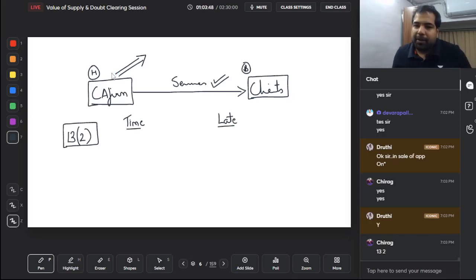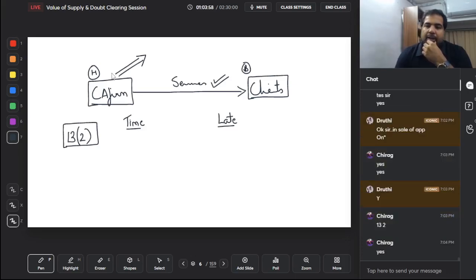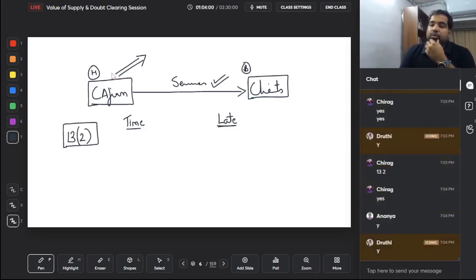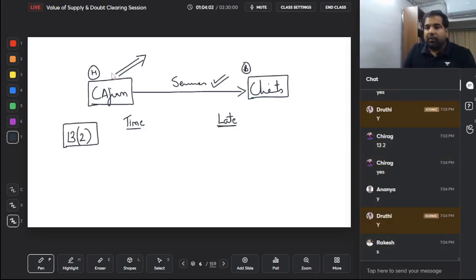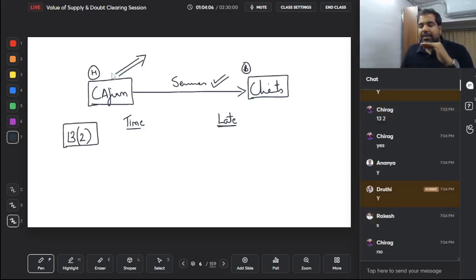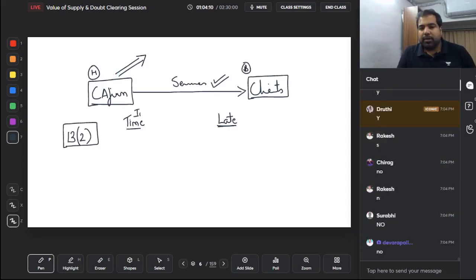I want to give you a very practical example here, guys. If your friend wishes you on your birthday, gets a cake, everything on time, will you like that friend? Yes. But what if your friend wishes you via WhatsApp 1 week after your birthday goes? Will you appreciate that friend? No. Same way here. It all depends whether the invoice is issued on time or the invoice is late.